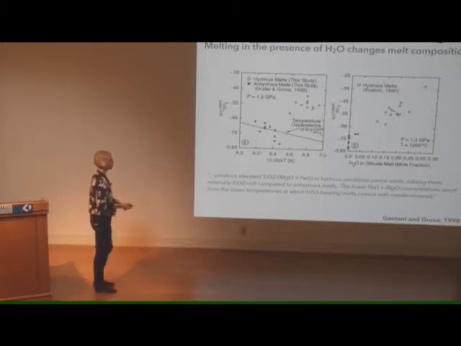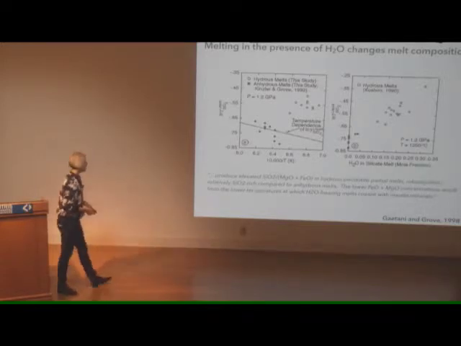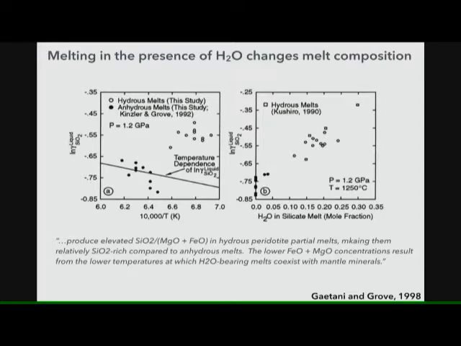And here we're looking at water content versus silica, and there's a clear relationship between the silica content and the water content in those melts. Basically, the explanation is that when we add water, we're changing the silica to iron plus magnesium ratio of the melts compared to anhydrous melts.